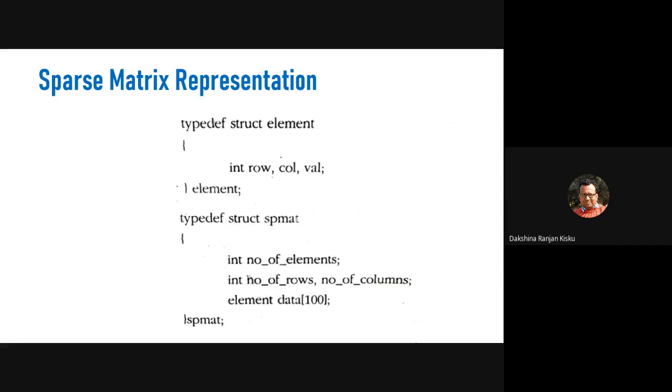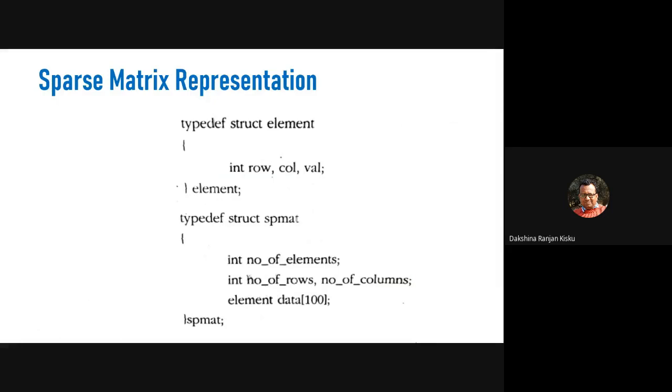And another structure variable spmat is declared, and we put the semicolon after that. So this is the sparse matrix representation using the C programming language. We can use two different structure definitions, one for the element, another for the sparse matrix, and within the sparse matrix representation, we can specify the array type as the element structure type.